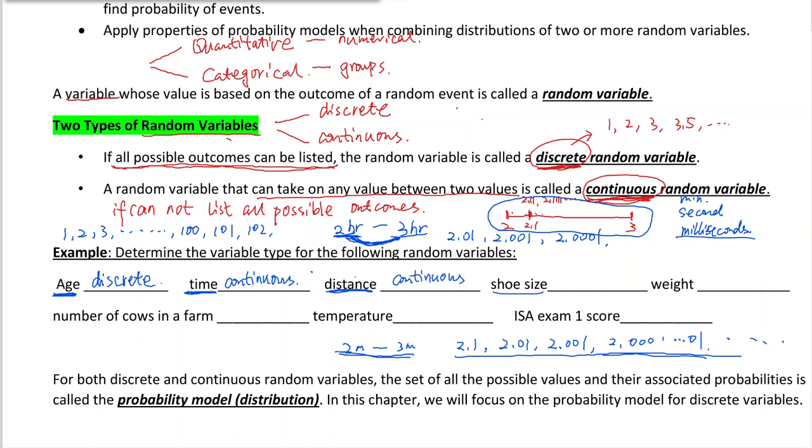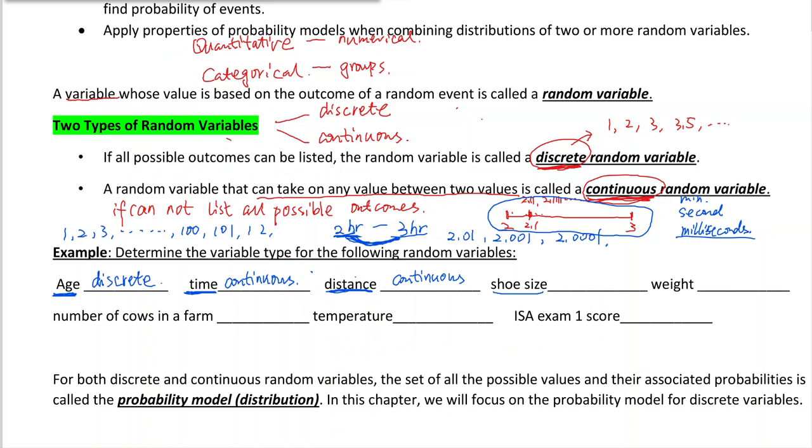All right, next one will be the shoe size. When we talk about the shoe size, you can have either 5, 5.5, 6, 6.5, something like that, until maybe 10.5, 11, and so on.